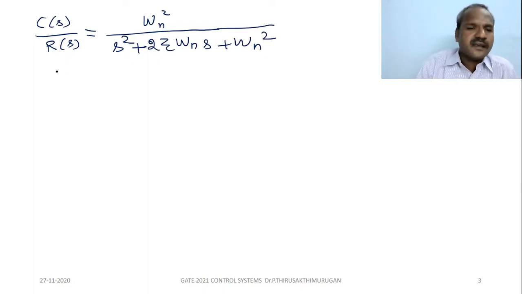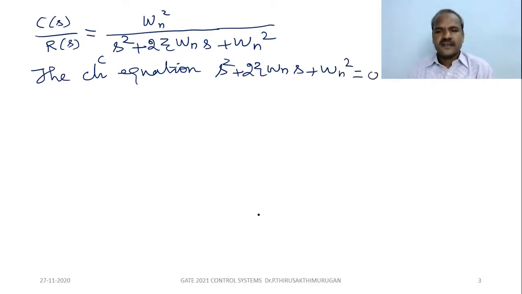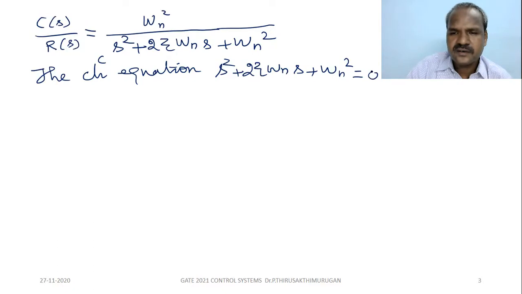So the characteristic equation is s square plus 2 zeta omega n s plus omega n square equal to 0. Understand? Clear? Any doubt?